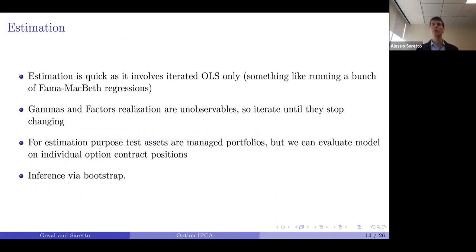You specify some tolerance, and you stop when the change from the old gammas to the new gammas and the old factors to new factors is below your tolerance. It's fairly fast to do. It's just a bunch of OLS, so there's nothing really complicated about this.